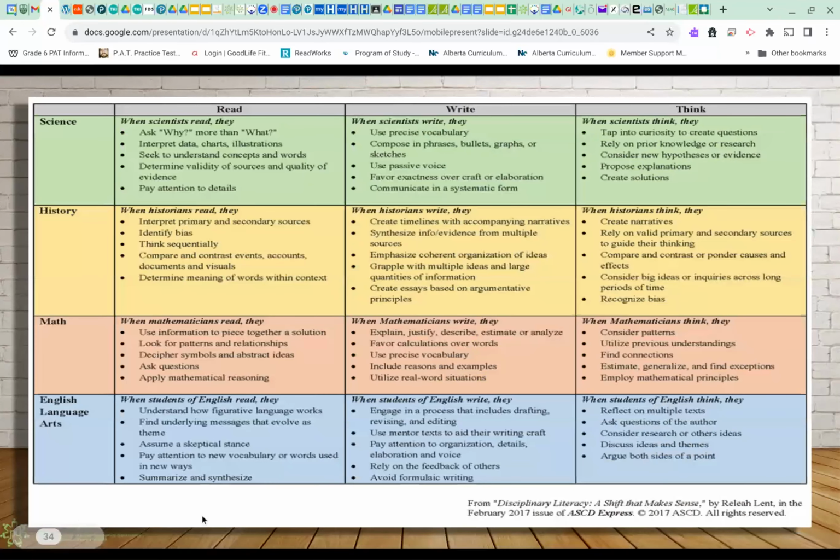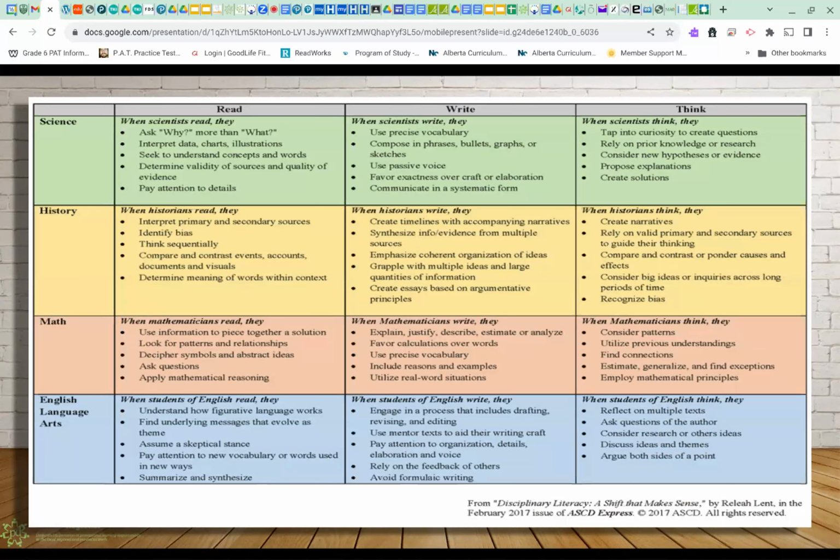And, just like it was said in the video, in school and across disciplines, there are a variety of discourses that students and we as different disciplinary teachers work with, right? So we read and write and think differently in our different disciplines. So, we're scientists, we ask more why than what.